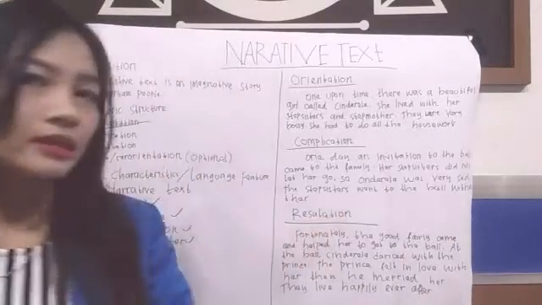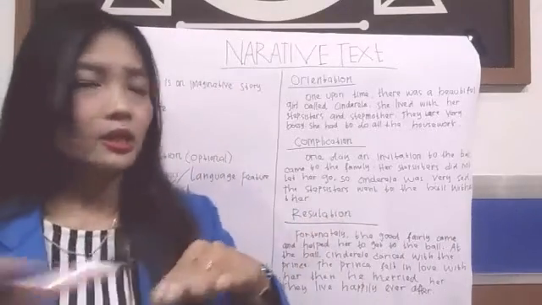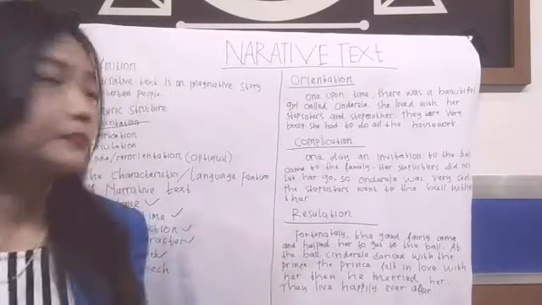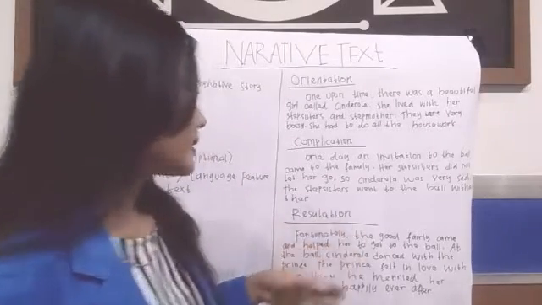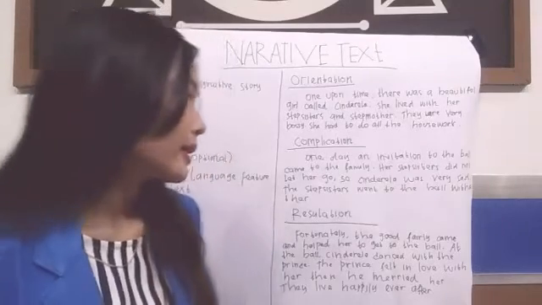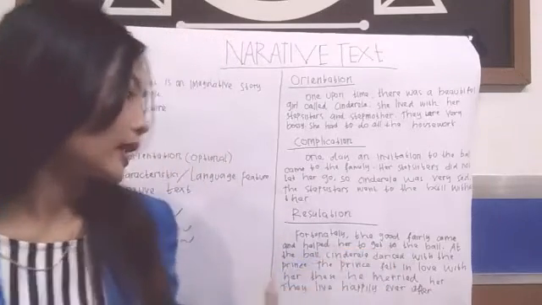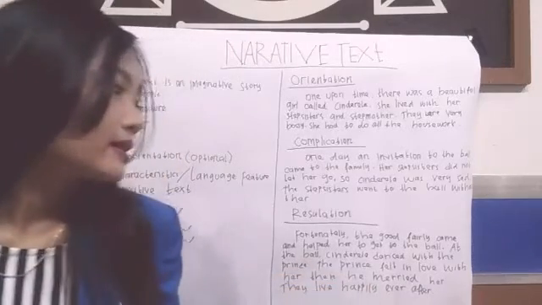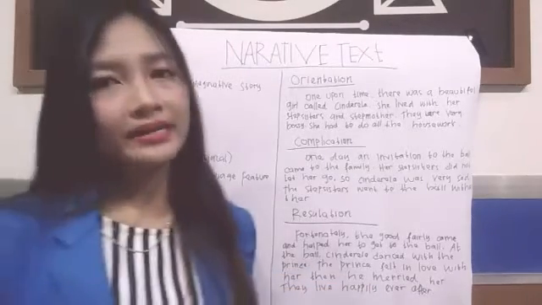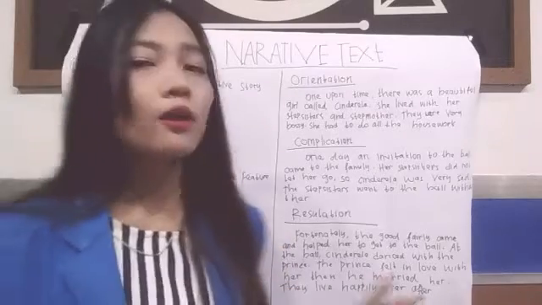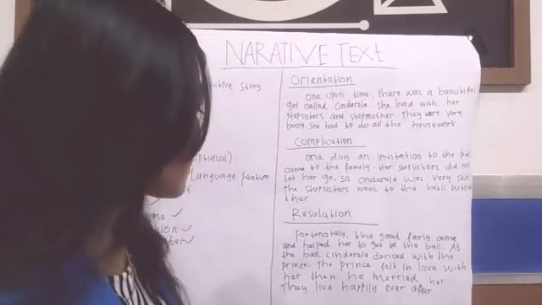The resolution of the story is: fortunately. This is about the ending of the story. Fortunately, the good fairy came and helped her get to the ball. At the ball, Cinderella danced with the prince, and the prince fell in love with Cinderella.